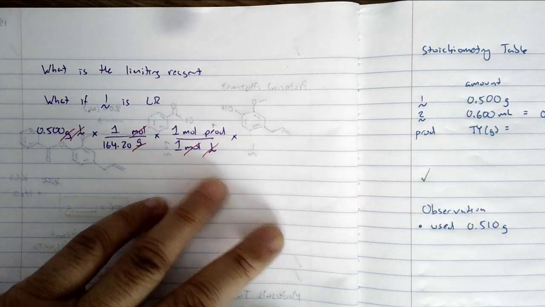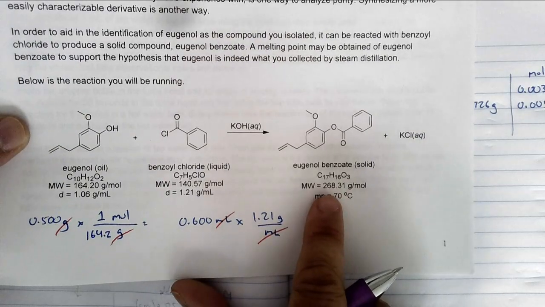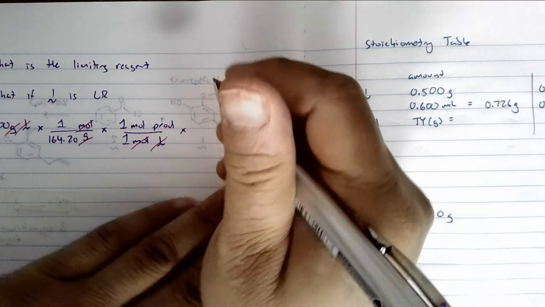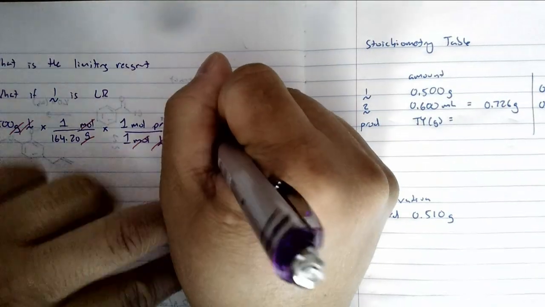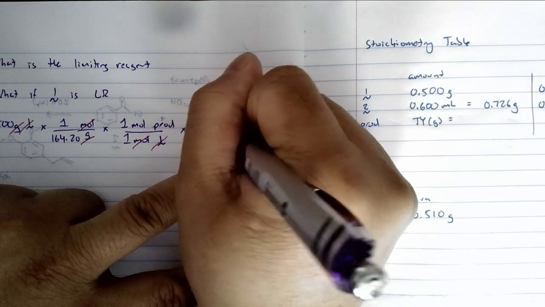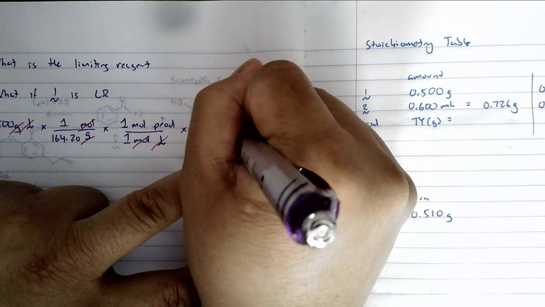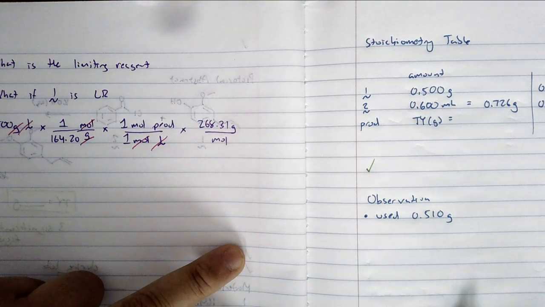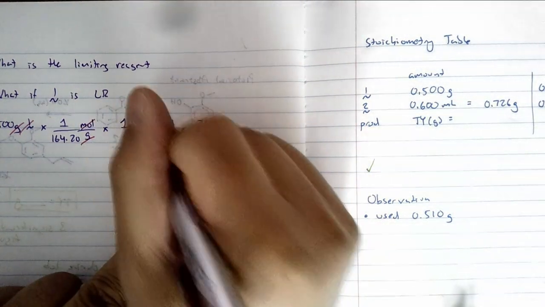So we're going to multiply by the molecular weight of the product, 268.31. How do I know we're going to multiply? Because I want grams on top. 268.31 grams per mole. Do you see if I have grams on top, this mole cancels out.